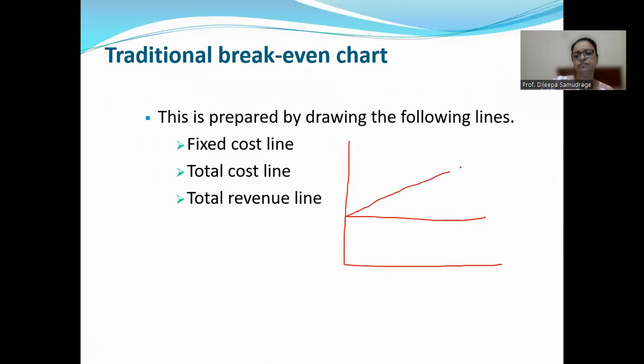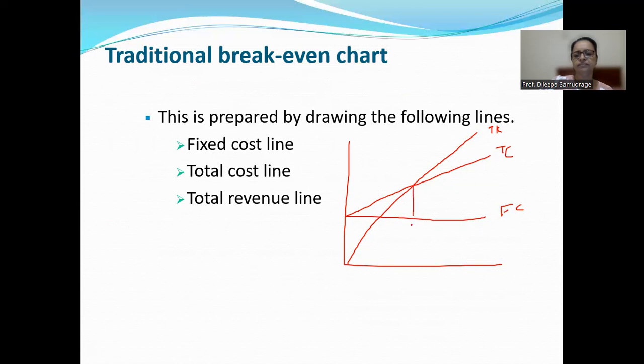Then the total revenue line is this. So this is total revenue. This is total cost. This is fixed cost.